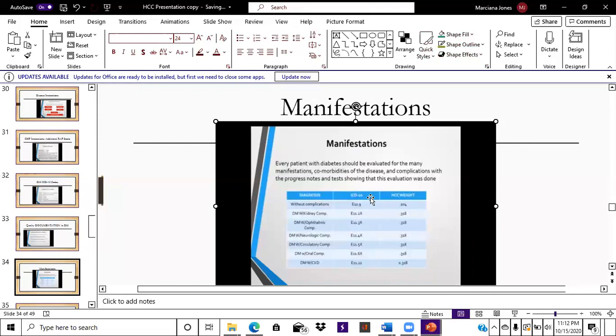So the left column says diagnosis, the middle ICD-10, and the far right is the HCC weight or the RAF score. Every patient with diabetes should be evaluated for the many manifestations, comorbidities of the disease and complications, with the progress notes and tests showing this evaluation was done.